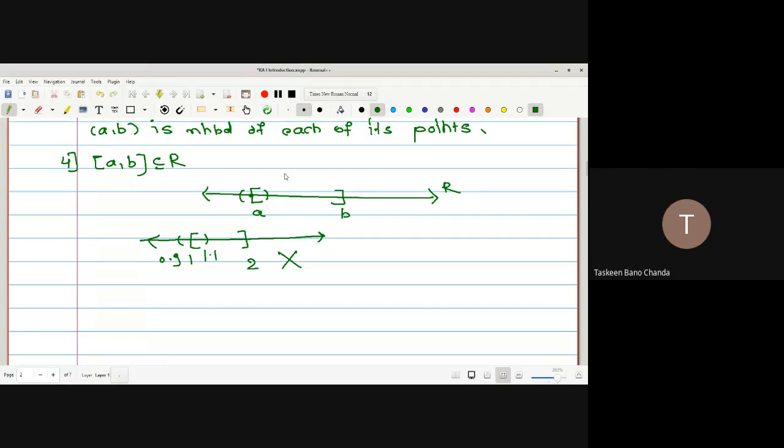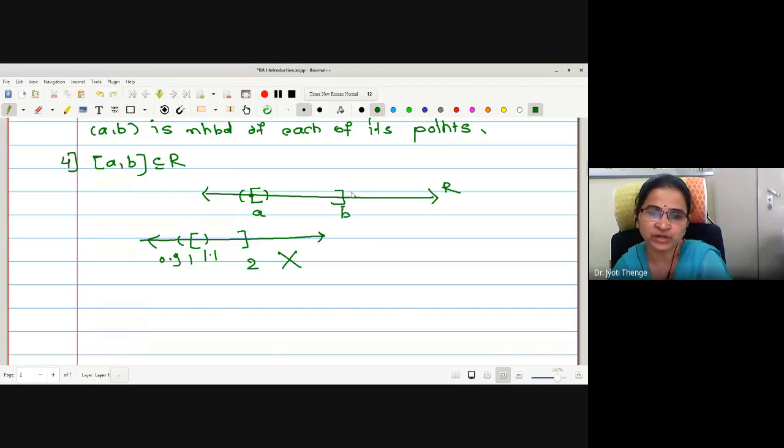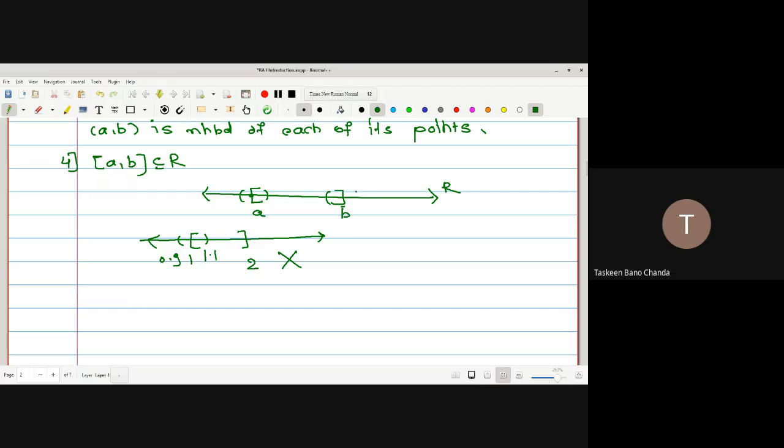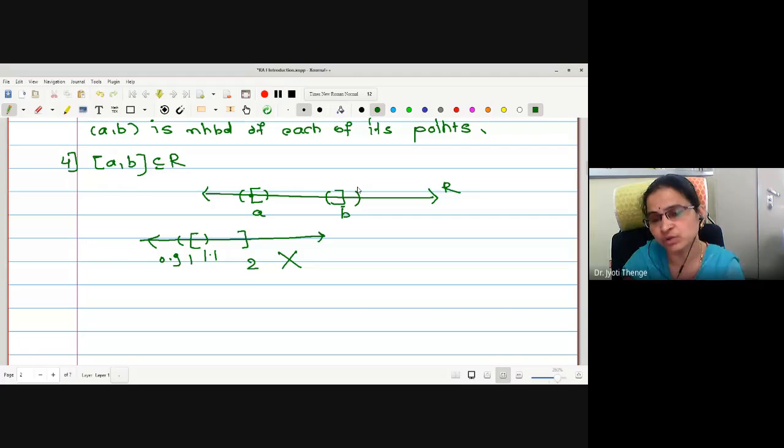Similarly, for the second endpoint, however small an open interval you draw around point B, that open interval will not be included in the closed interval AB. Therefore, for the inner point x it works as a neighborhood, but for the boundary points, closed interval AB is not a neighborhood.